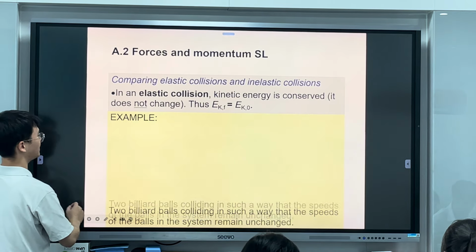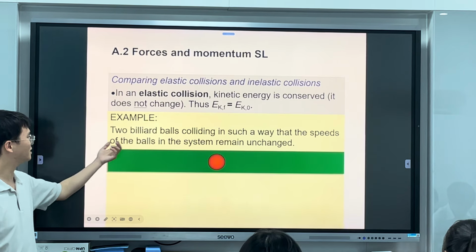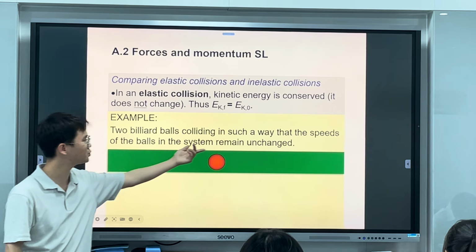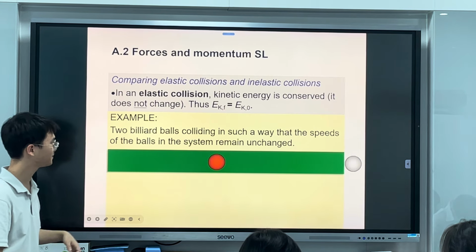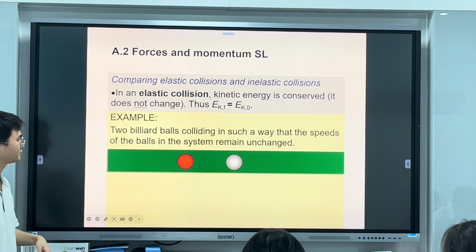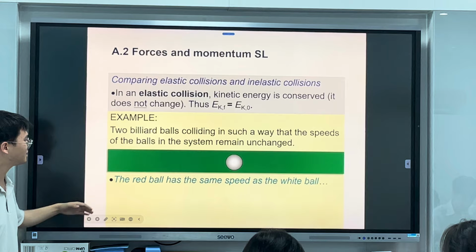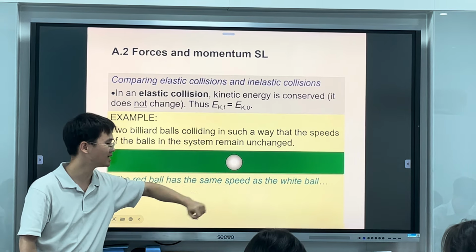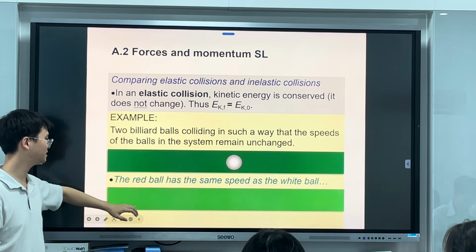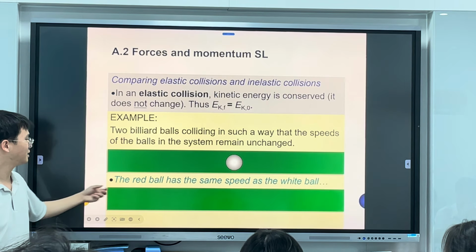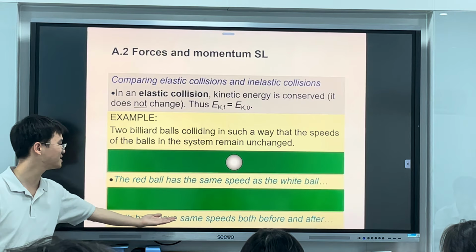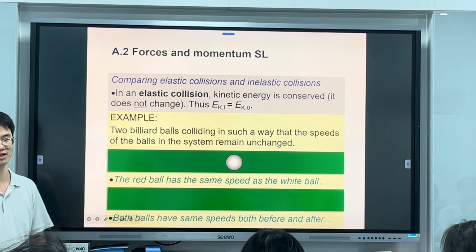Let's do an example here. So two billiard balls colliding in such a way that the speeds of the balls in the system remain unchanged. And the red ball has the same speed as the white ball. Here, both balls have the same speed, both before and after, right?